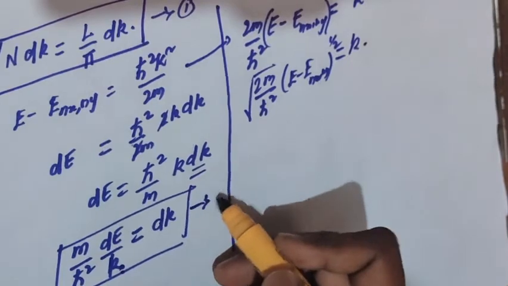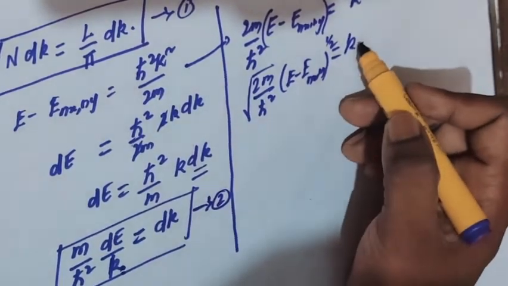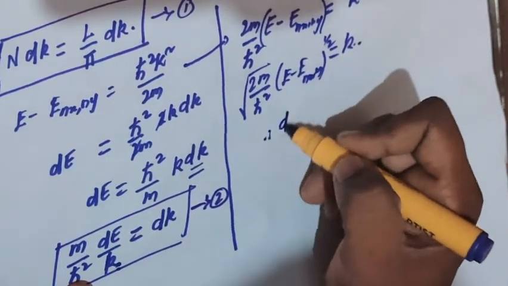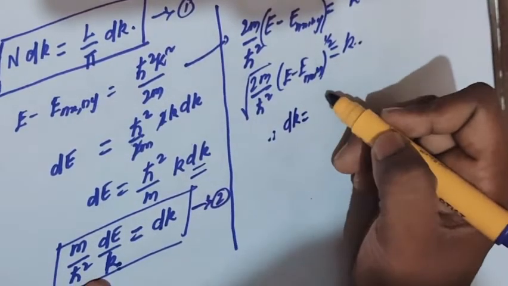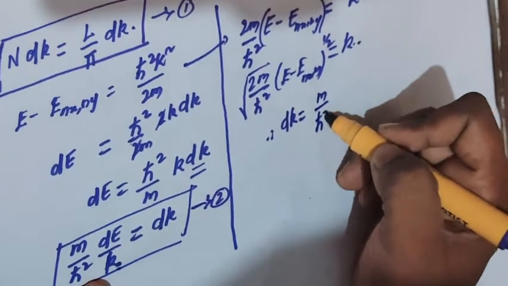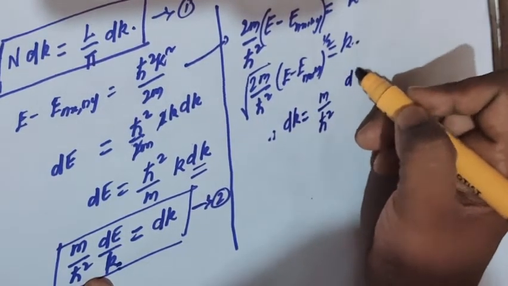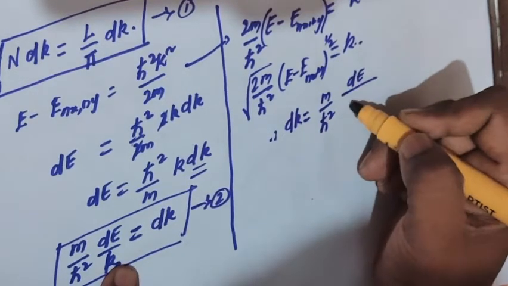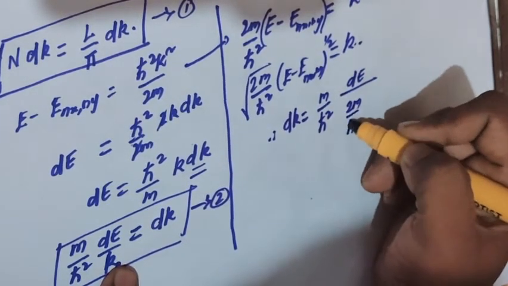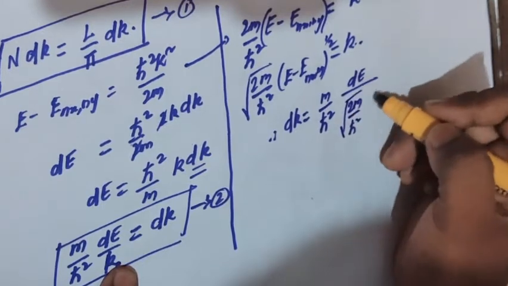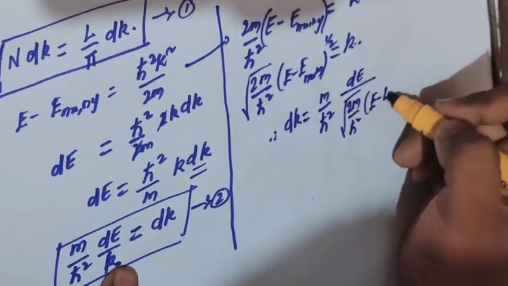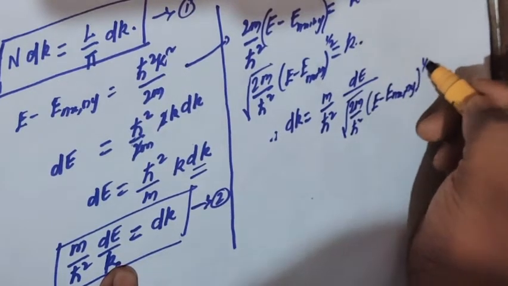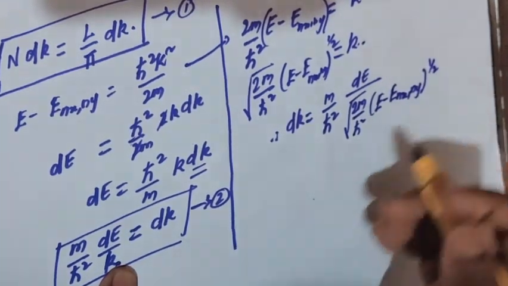Substituting the k value into equation 2, dk is equal to m divided by ħ² times dE by k, which is the square root of 2m divided by ħ² times (E minus E(nx,ny)) to the power of half.